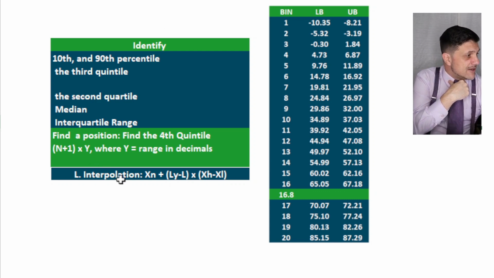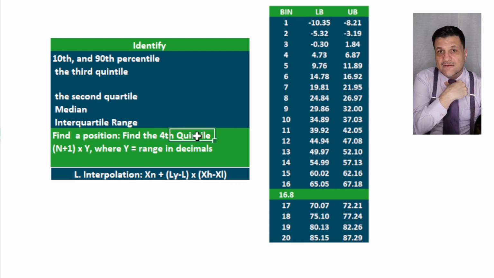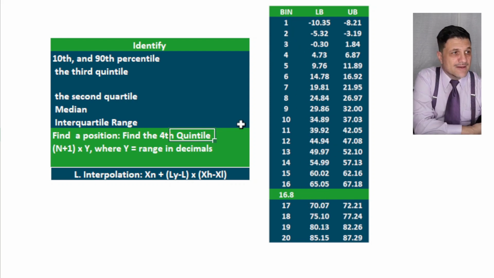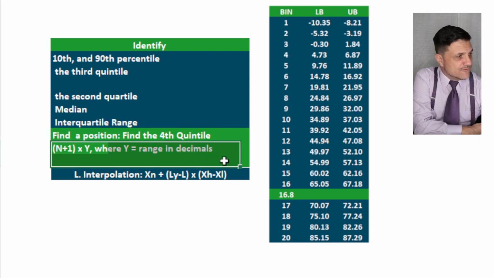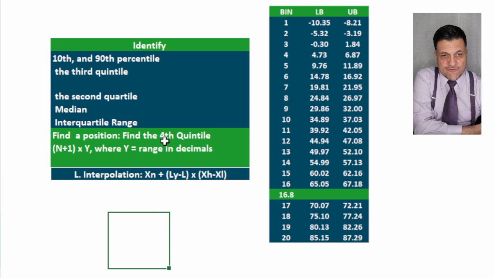The difference between the lowest number and the highest number is your range. The other type of question you could get is the location. For example, find the position of the 4th quintile. Where is the 4th quintile on this list? The 4th fifth, 4 divided by 5, is 80%. You have to use this little location formula: n plus 1 times y, y being the 80 percent, which is 4 divided by 5.